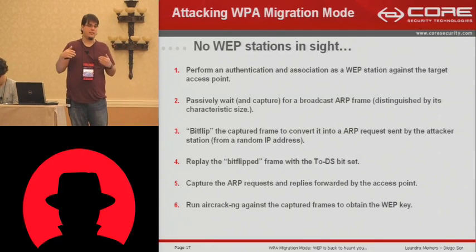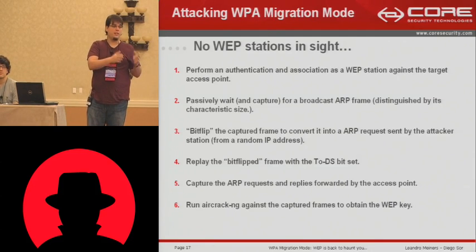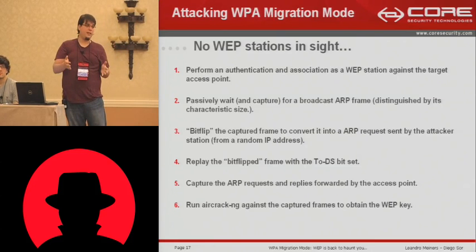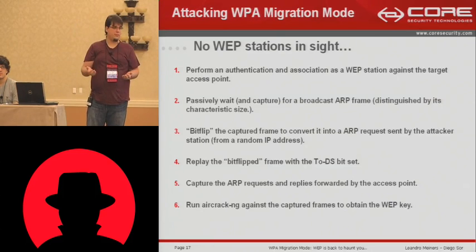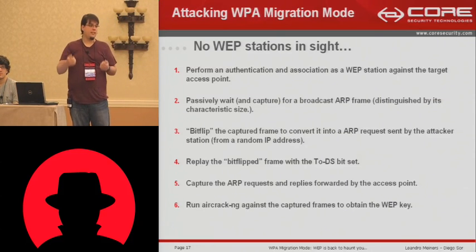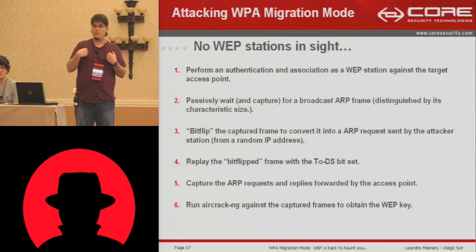So we can calculate a mask so that even though we don't know the specific contents of the frame, we can build a mask that if we apply it to the frame, we obtain a new frame, which is also WEP encrypted and valid, but that is an ARP frame as if we had sent it from our MAC address.